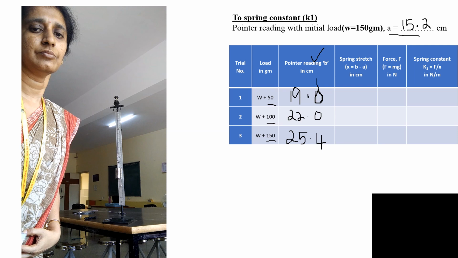minus 15.2. It appears to be 3.8 centimeters. And you have to calculate force using mass into acceleration. So mass is 50 into 10 raised to minus 3, multiplied by 9.8, which comes out to be 0.49.